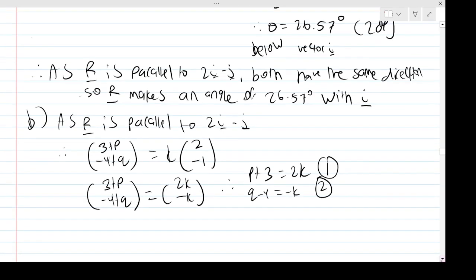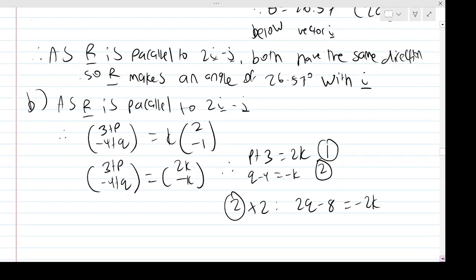So I can probably times the second equation by 2. If I do that, I get 2Q minus 8 is minus 2K. And then if I leave the first equation, we get P add 3 is equal to 2k. Then we can add them, because minus 2k add 2k goes away. There's no k left.